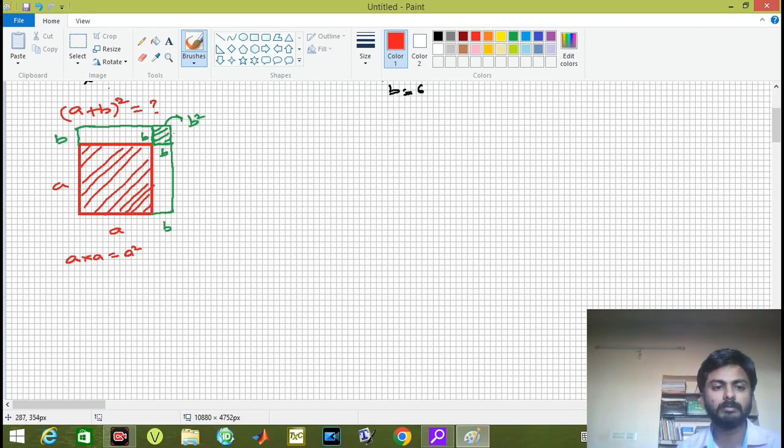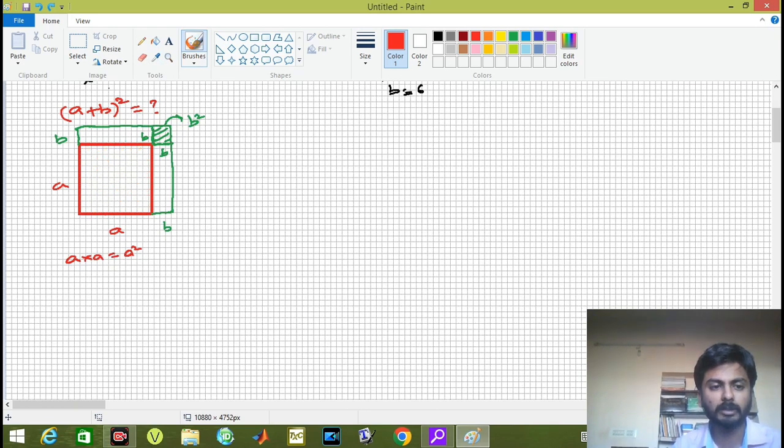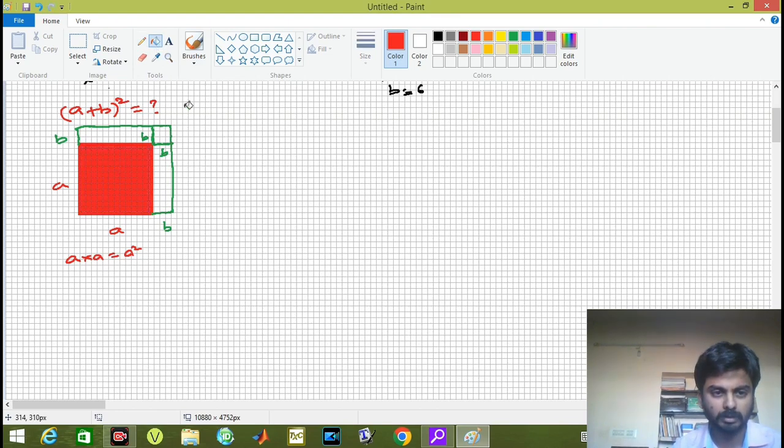I think it will look very good if I put red color inside this, and I am putting green color inside this.